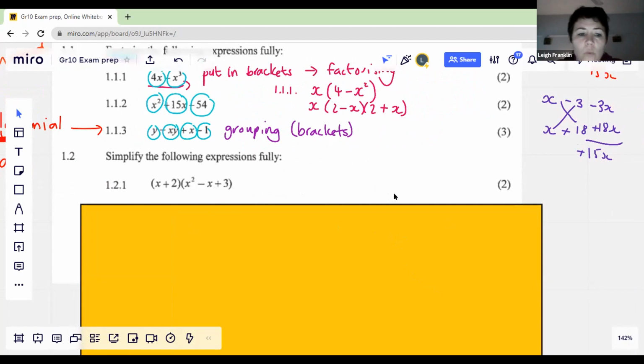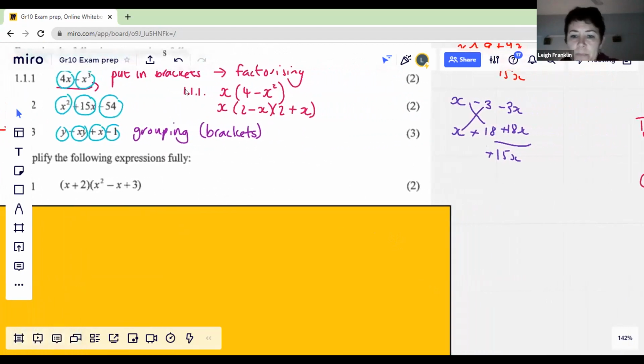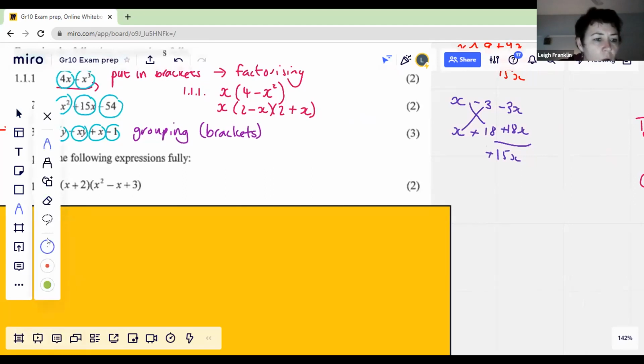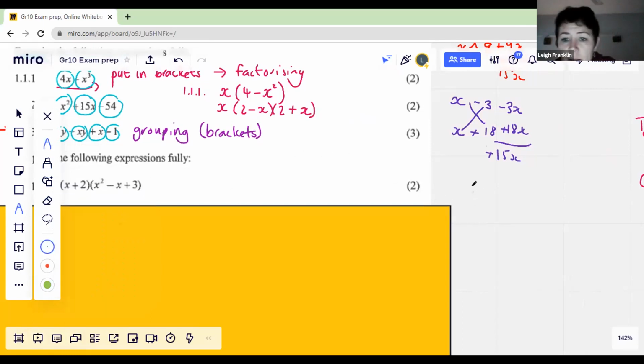Okay, so what we are doing, let's just make some space for ourselves, is we are being asked to multiply x plus 2 with x squared minus x plus 3.